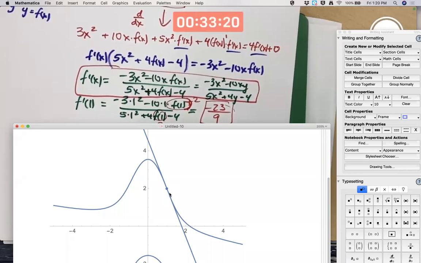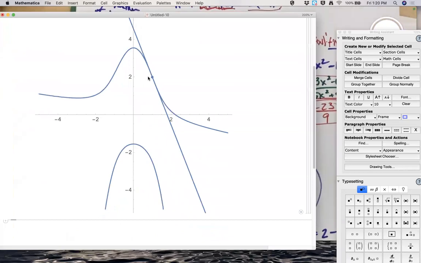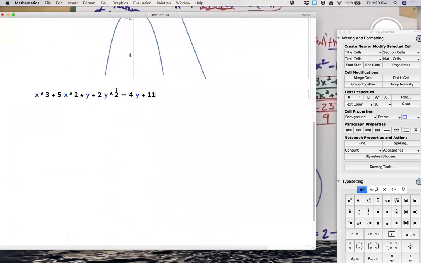But before we do that, let's talk multivariable calculus. Let's just do it with Mathematica here. What did I do again on Wednesday? I took this equation and instead of thinking of it as an equation like this, I subtracted 4y and subtracted 11 from both sides. That's equivalent to saying the original equation equals 0. And then I thought of this as a function of two variables.